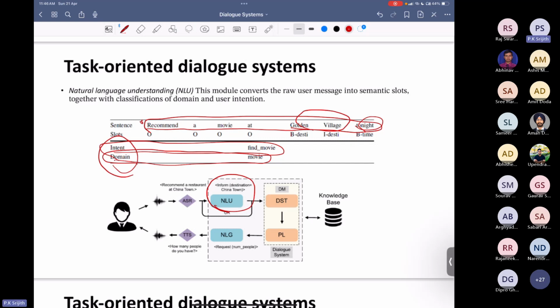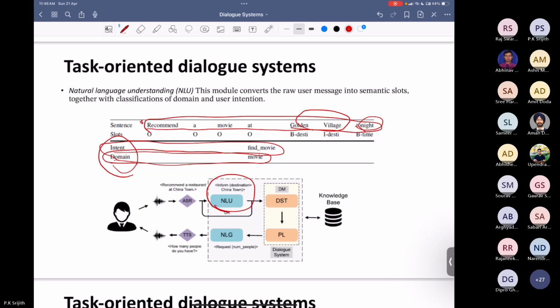This ability to understand location, time, etc., from a given sentence can be seen as similar to named entity recognition, where we try to find the named entities in a given sentence. And some techniques similar to named entity recognition can be used here also.